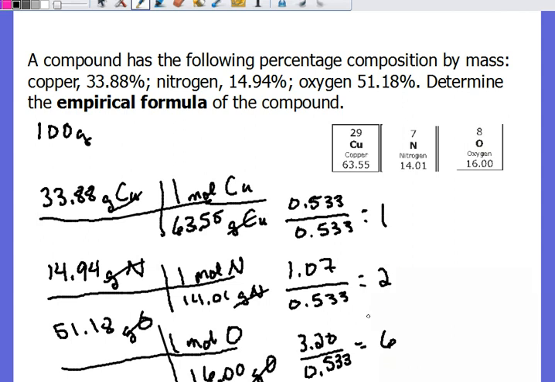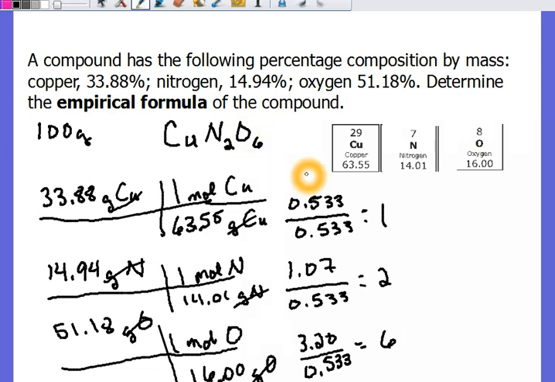So when you're looking at your formula, copper, you have 1, nitrogen, you have 2, and oxygen, you have 6.